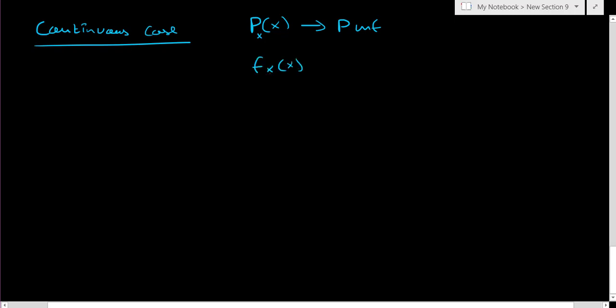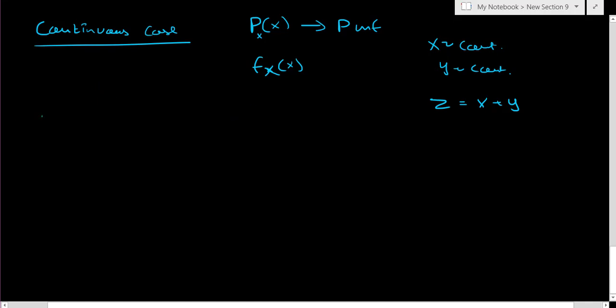That is, x follows a continuous distribution and y also follows a continuous distribution, and I want to find the distribution of z, which is x plus y. That is what I need. So let us start with this.